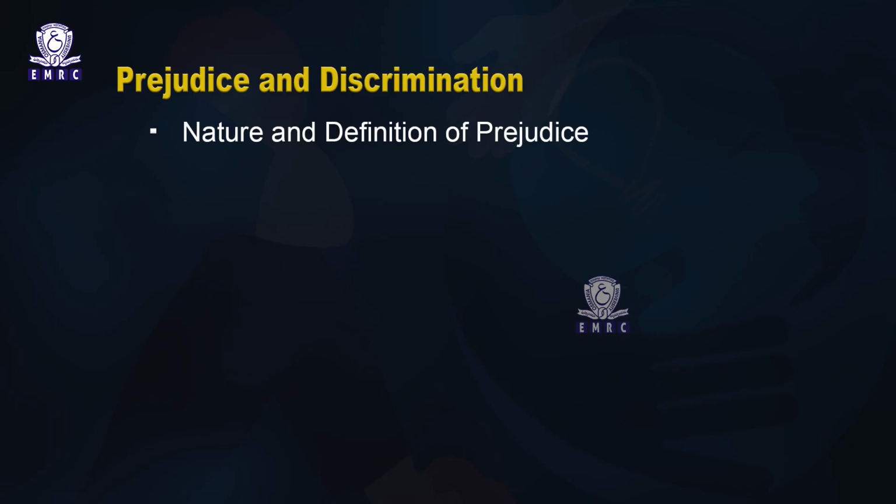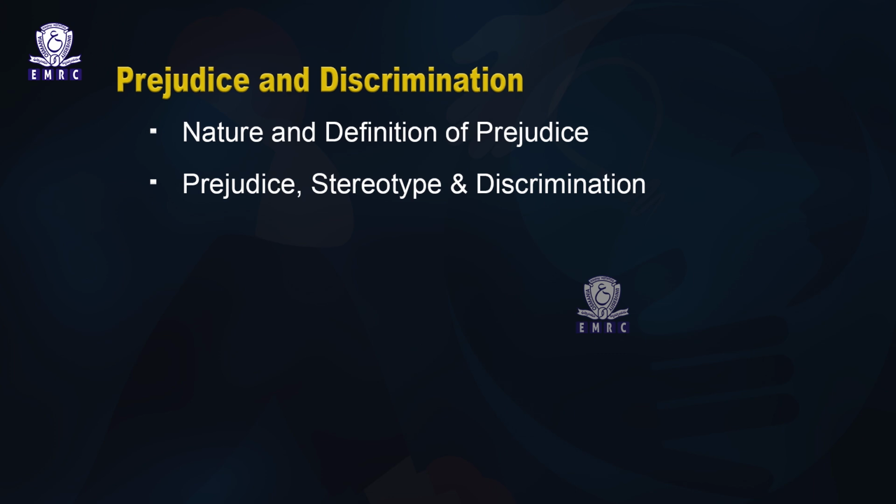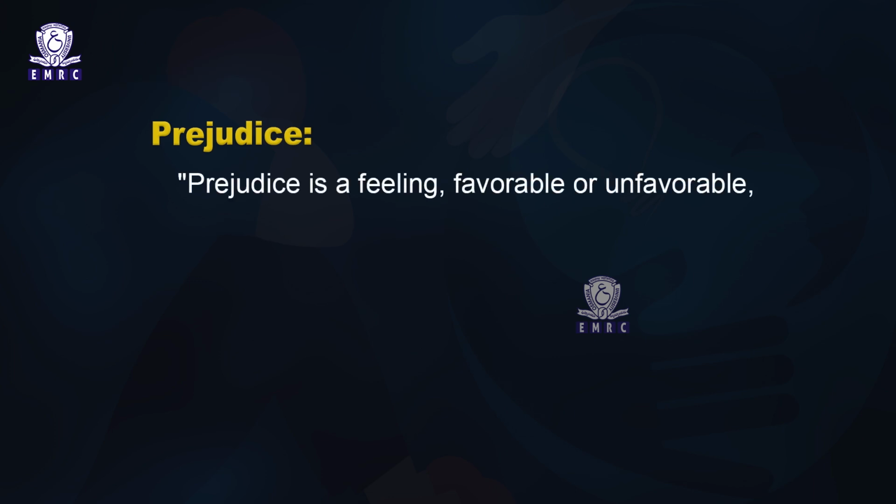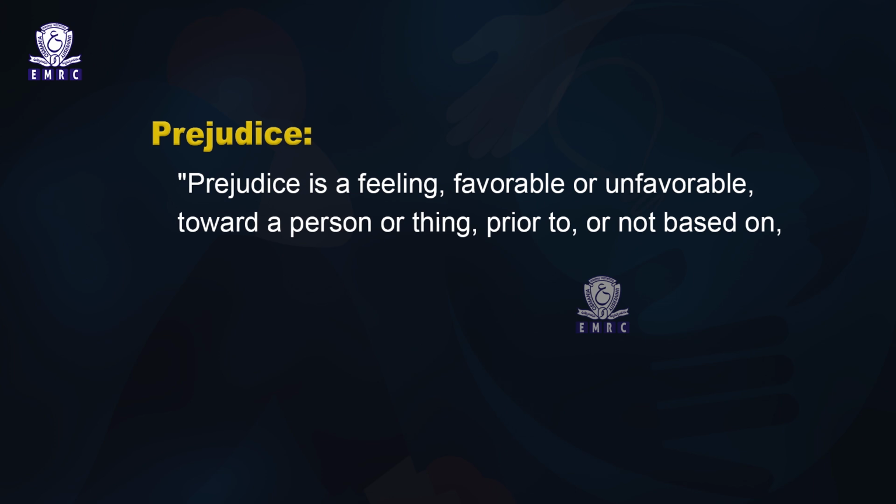So now we look at the differences between prejudice, stereotyping, and discrimination, and how prejudice is different from either of the other two. Coming to prejudice, according to Gordon Allport, prejudice is a feeling which is favorable or unfavorable toward a person or thing, prior to or not based on actual experience.